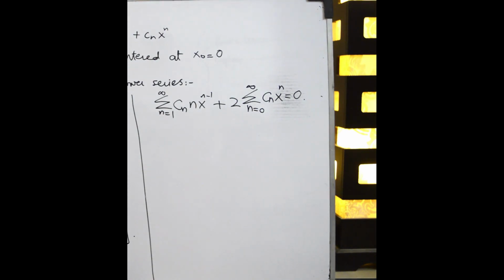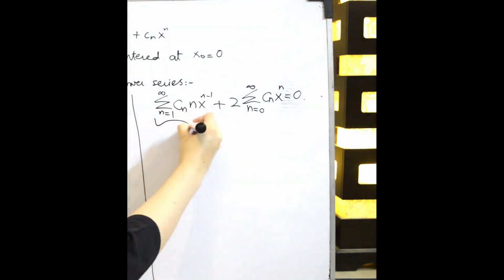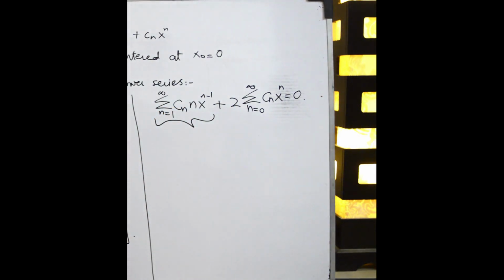One index starts from 1 and the other starts from 0, so we have to re-index one of the two to get a common index. I want to re-index the first term, so that its initial term starts from n equals 0. How can we re-index it to start from 0?